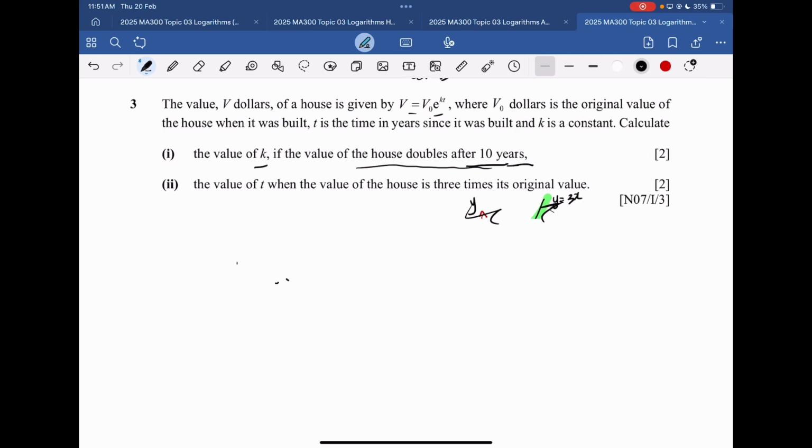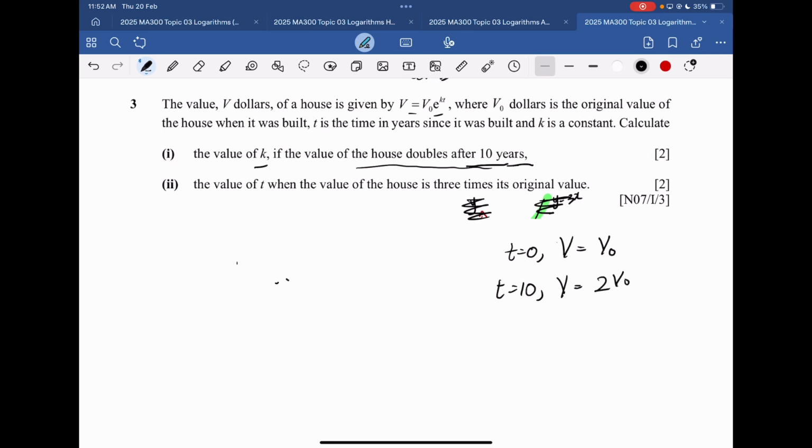What does it mean? When time is 0, what is the value? Can anyone tell me? V naught. We call this V naught. Now, if the value doubles after 10 years, that means when time is 10, what is the value? 2V naught.